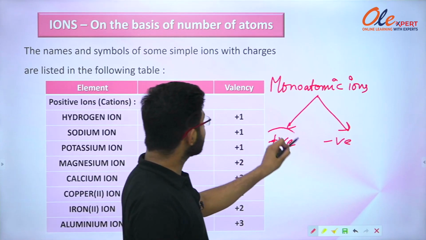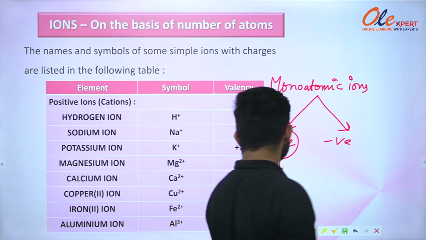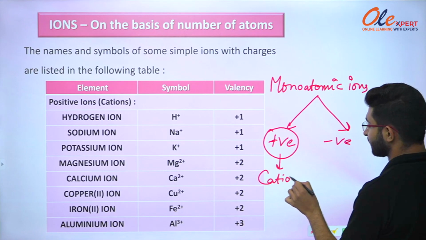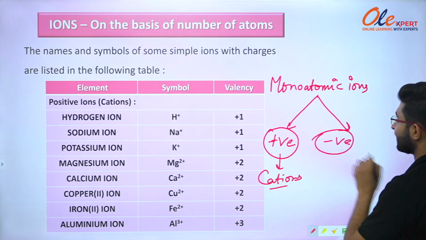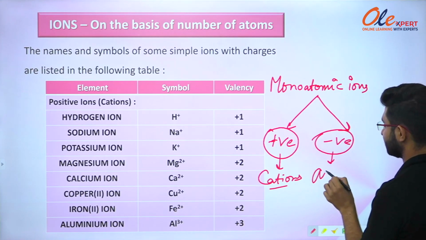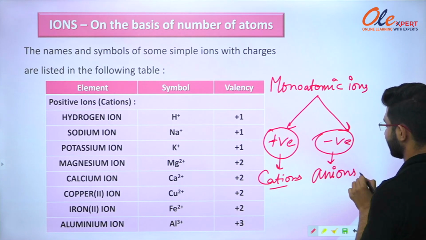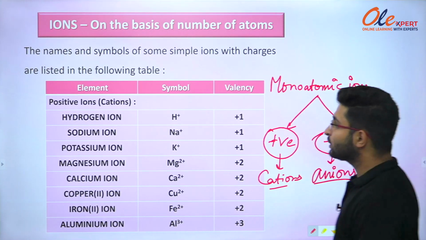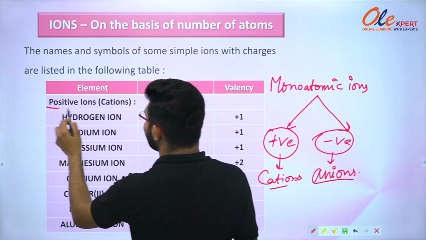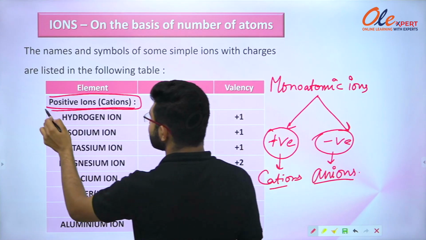The positive ones are known as cations and the negative ones are known as anions.